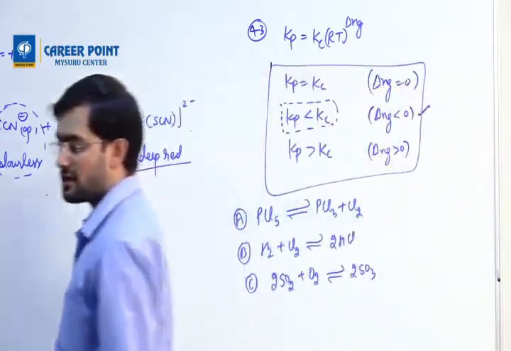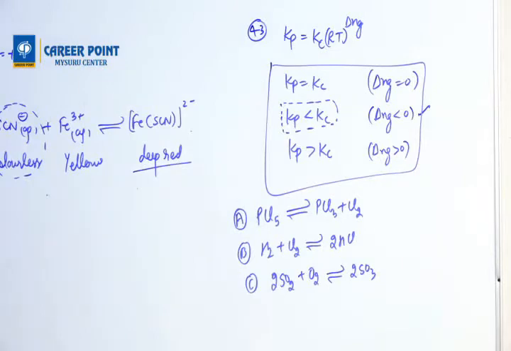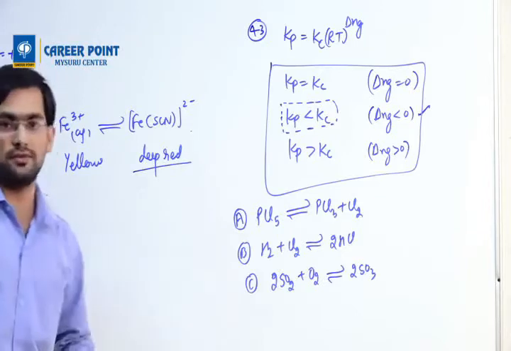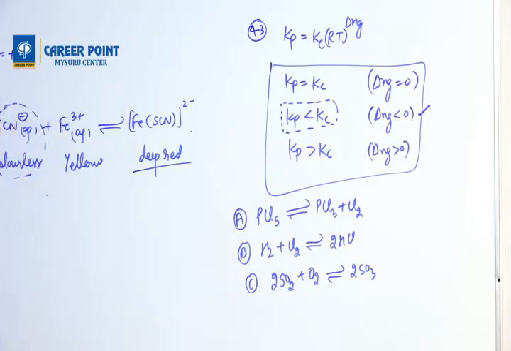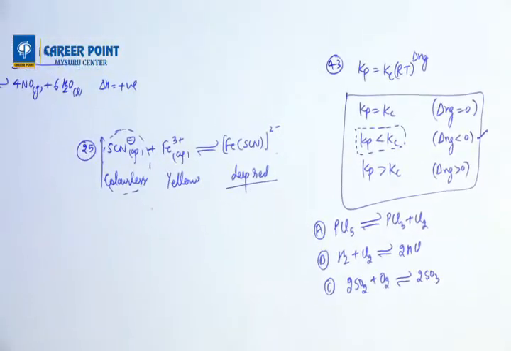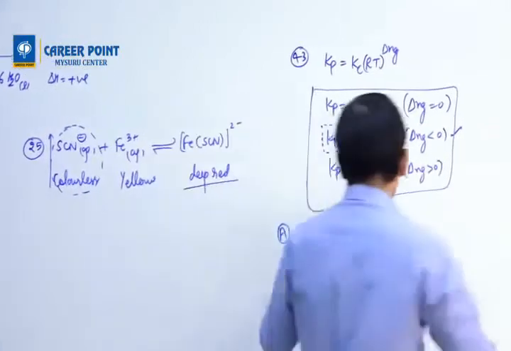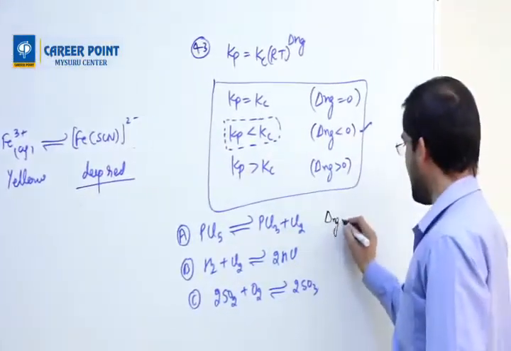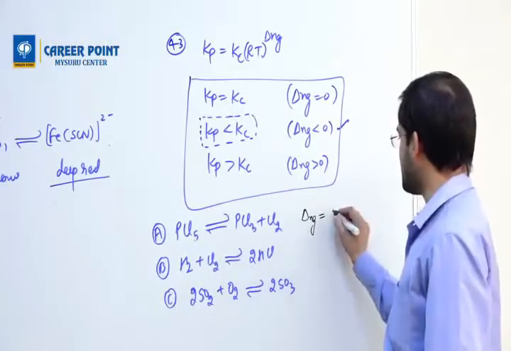Tell me which reaction has delta Ng less than 0 out of these three, A, B, C. Which reaction is it? So for A, we are able to find delta Ng will come 2 minus 1, so 1.